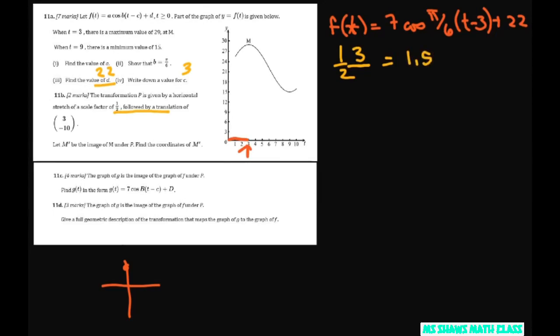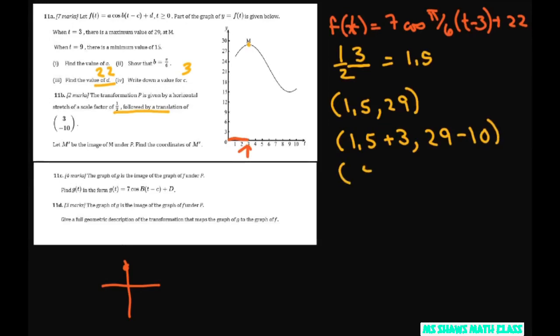So we have 1.5 once you stretch this, comma 29. And now what we want to do is translate it from 3. So we're taking 1.5 plus 3 and 29 minus 10. So that gives you 4.5, comma 19. And that will give you that.